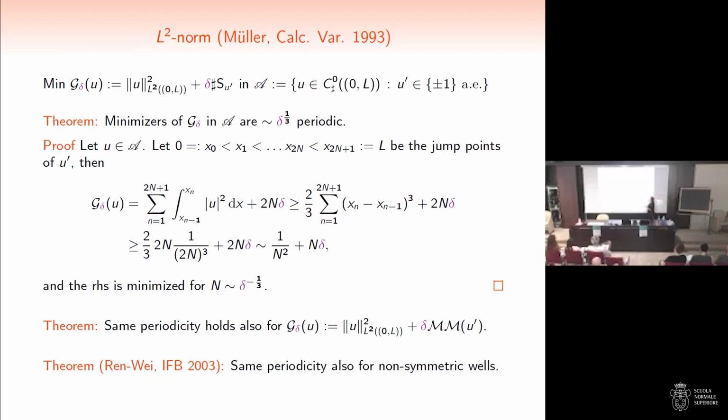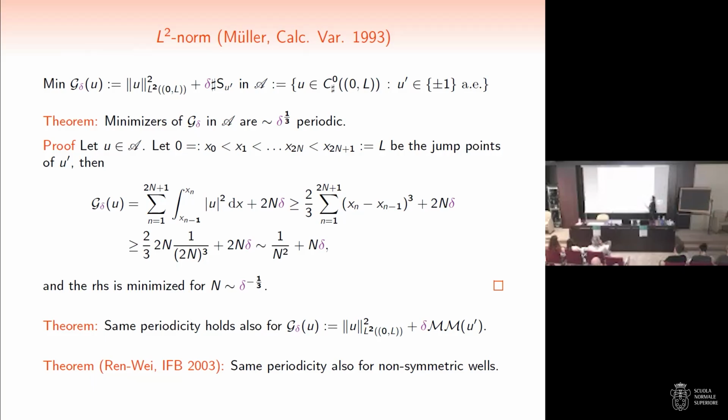And now what I observe is that in this interval, whose extreme points are two consecutive jump points of u prime, u prime is equal to 1 or u prime is equal to -1. So I can minimize this energy, and when I minimize it, I get something that depends only on the length of this interval.